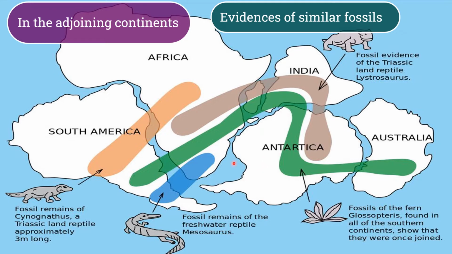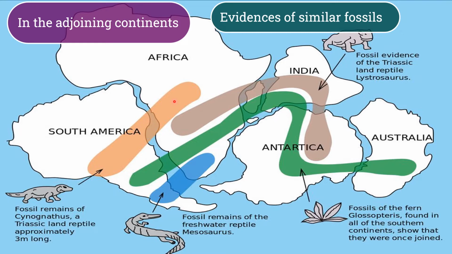It was found that fossils of these animals are found in all these places, while these animals could not cross the water which is in between them now. As we know, there is the Atlantic Ocean between South America and Africa, so it is not possible for animals to move from South America to Africa.